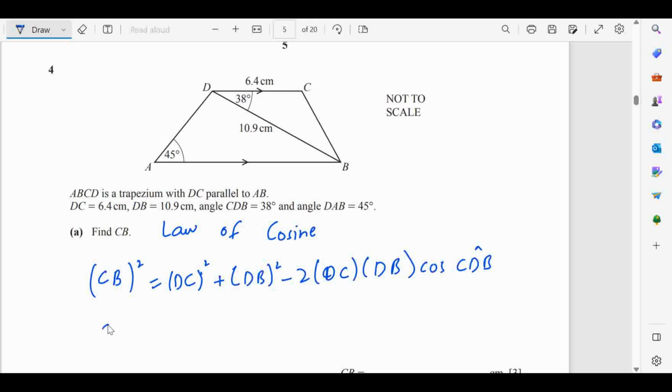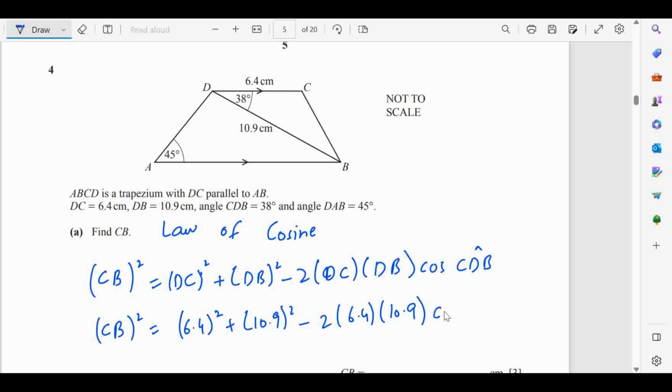So CB whole square is equals to DC square. Now DC is 6.4 square plus 10.9 square minus 2 into 6.4 into 10.9 into cos of 38 degrees.